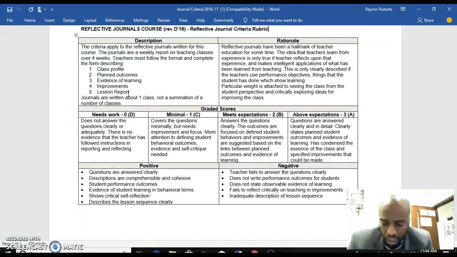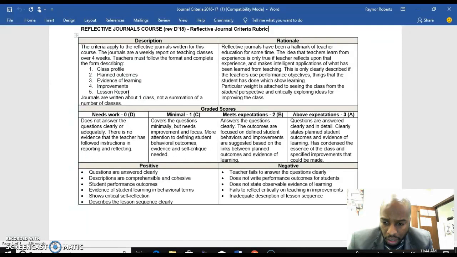So basically, these are the indicators that he is looking for when he grades your PowerPoint slides. Are the questions answered clearly? Are the descriptions comprehensible and cohesive? Okay. Are they understandable? And are they together? Are they unified?